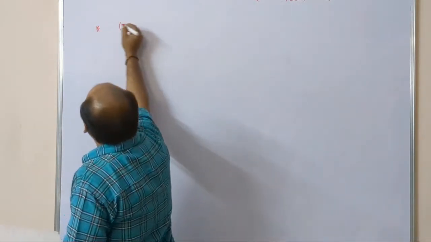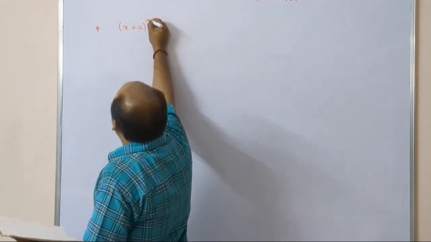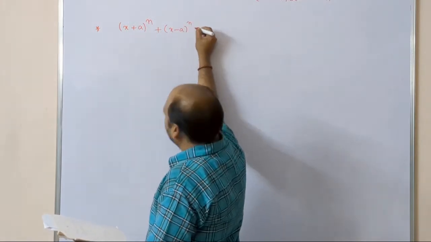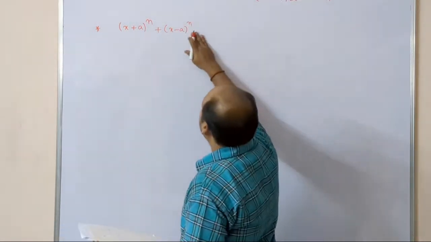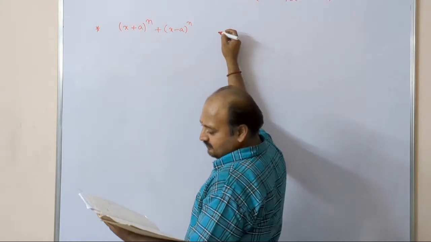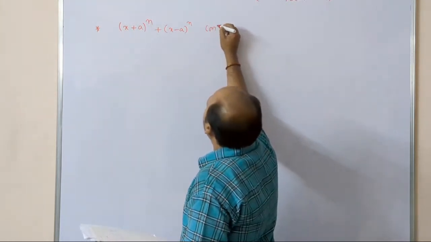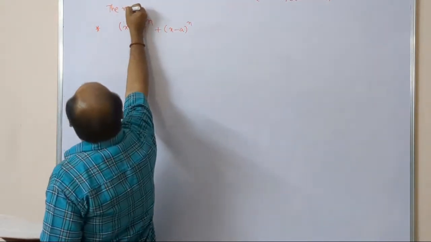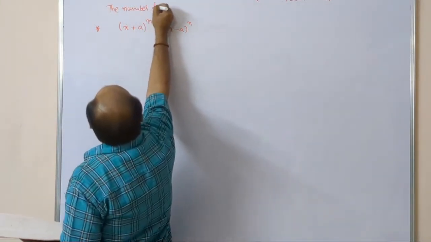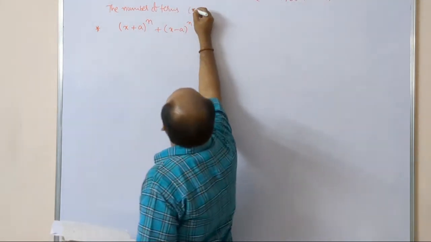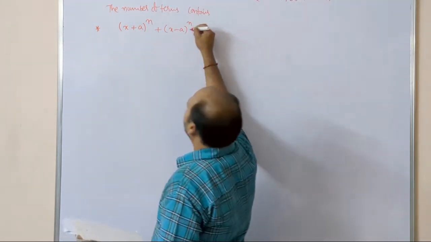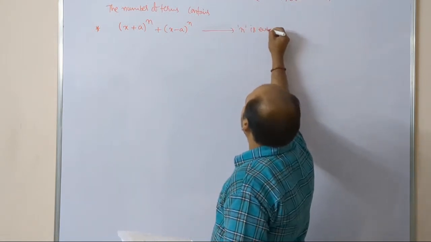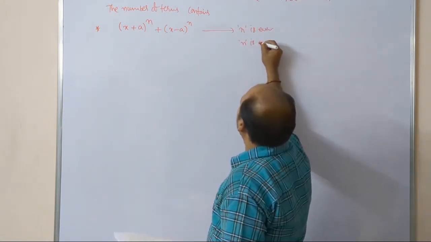The first point is x plus a whole power n plus x minus a whole power n contains how many terms? And the number of terms contained in this series is based on n being even or n being odd.